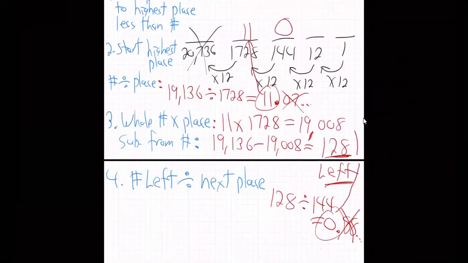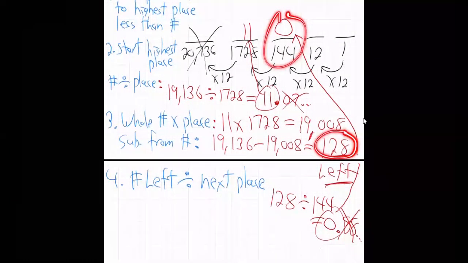You with me? 0 is the next answer. All right, keep going. And we probably should have seen that coming. We only have 128 left. We don't need any 144s, right? If you only have 128 left to represent, you don't need any 144s, but you need some 12s and some 1s.